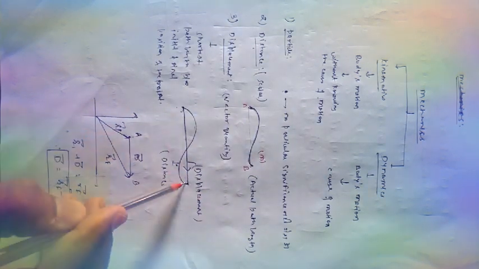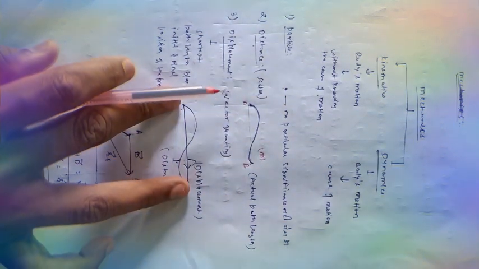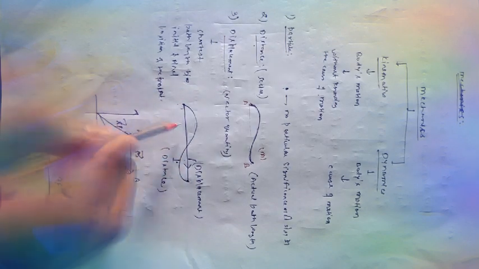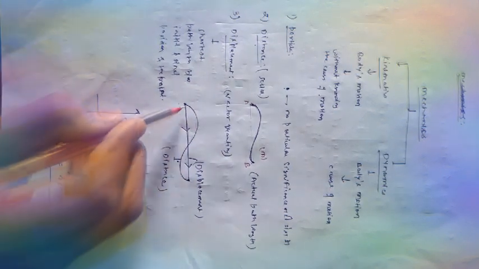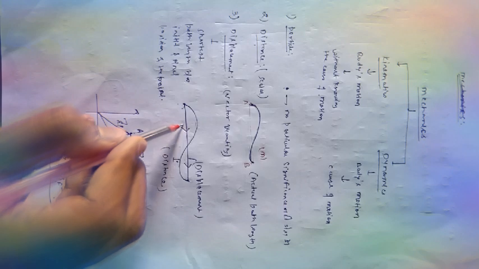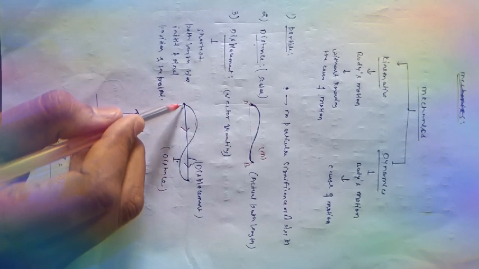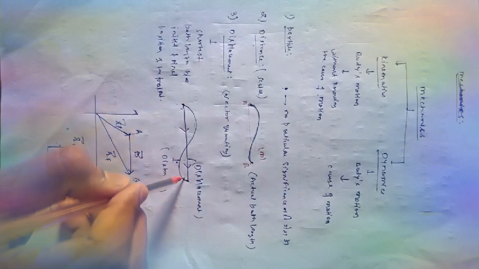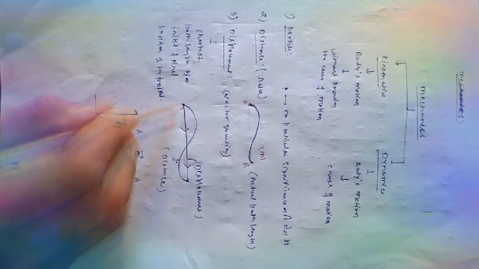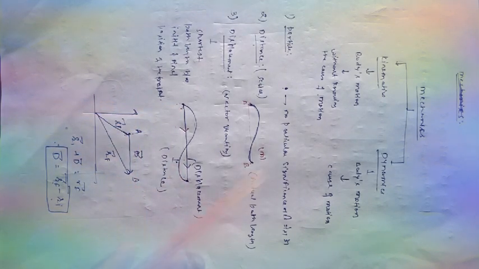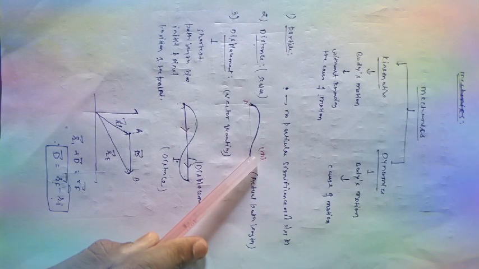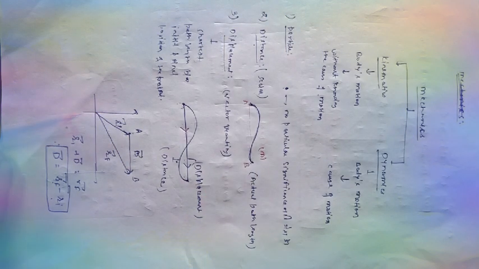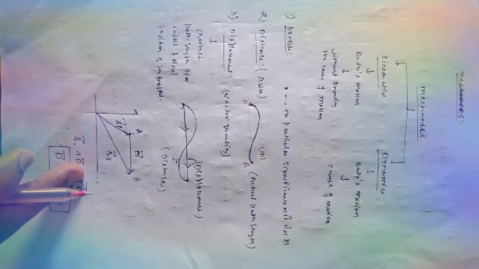The length of this line gives the magnitude of the displacement, and it has a specific direction. So it is a vector quantity whose direction is from the initial position of the body to the final position, and it is the shortest distance covered by the body from initial position to final position. Its SI unit is meter.